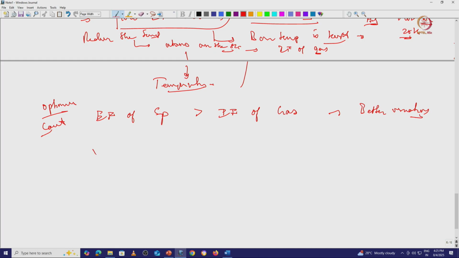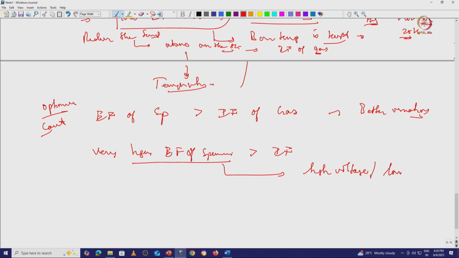If you have a very high evaporation field of the specimen, then it is very difficult to observe the surface during field evaporation. So for that purpose, high voltage plus laser pulsing can be used for better imaging.